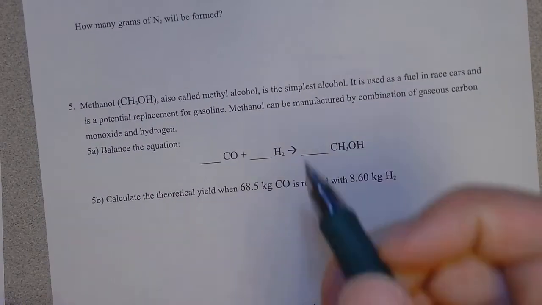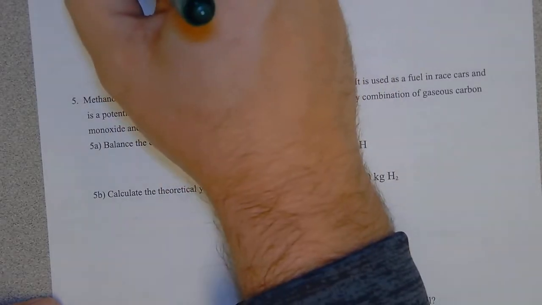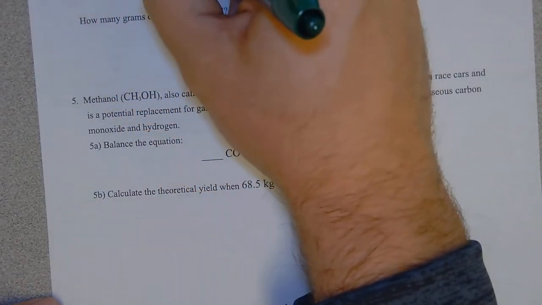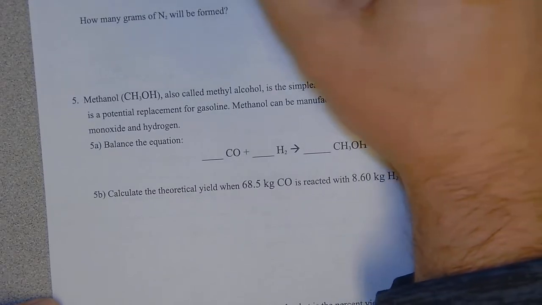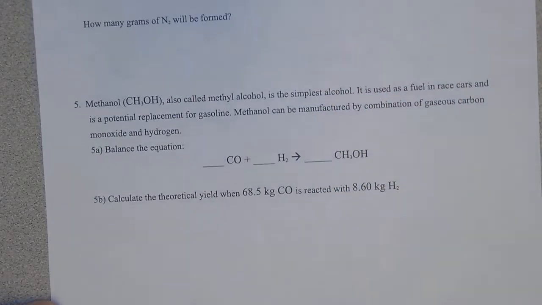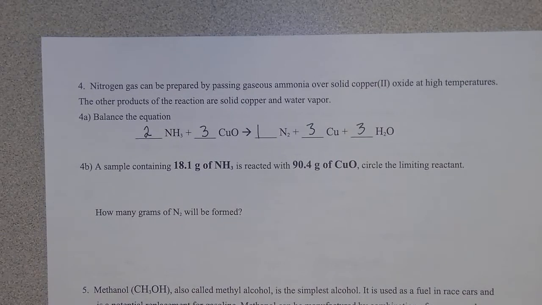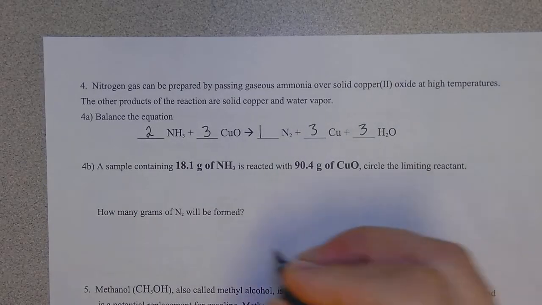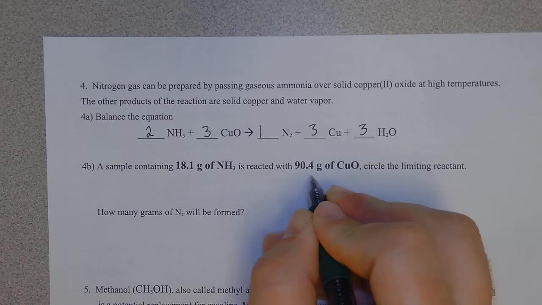On the back, once again, my first step here is to balance this equation, and when I do that the right way, I get a 2, I get a 3, that'll be an implied 1, and then 3, 3. Okay, and then coming down here, a sample of 18.1 grams of NH3 is reacted with 9.4 grams of CO2.